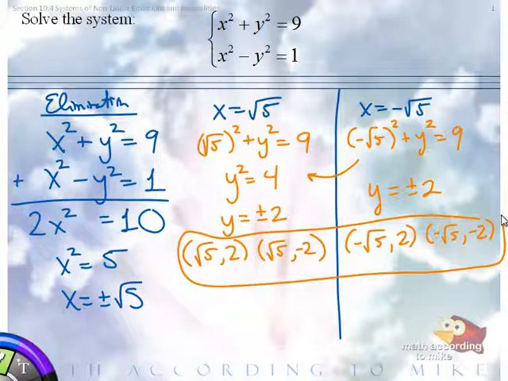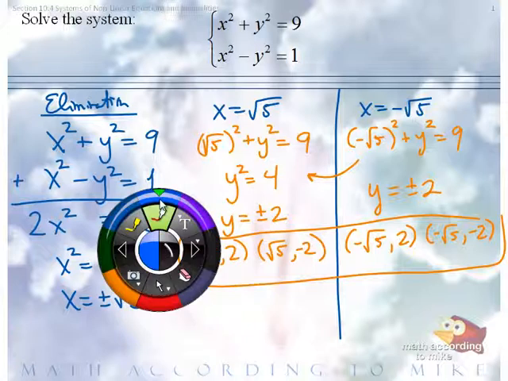So as far as what we just did, what is that first equation if you had to graph it? It's a circle of radius 3. What's the second equation if you had to graph it? Hyperbola. A and B are both 1, because we're dividing by 1 here.